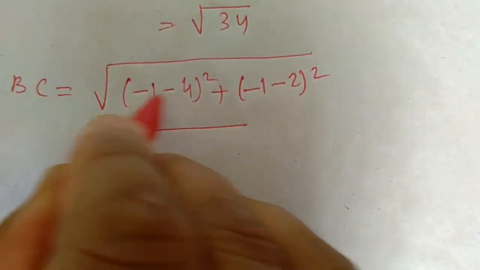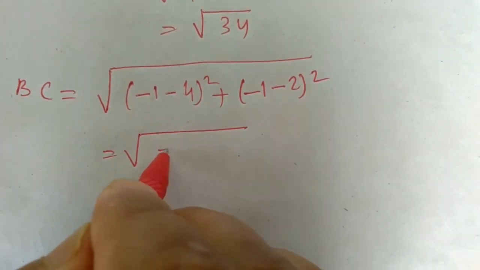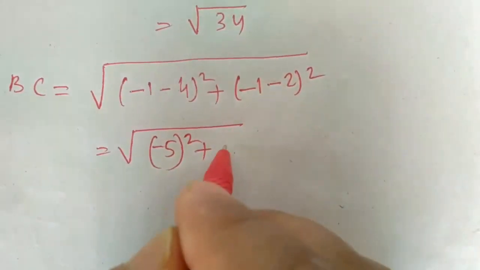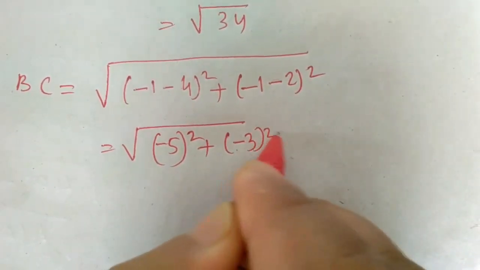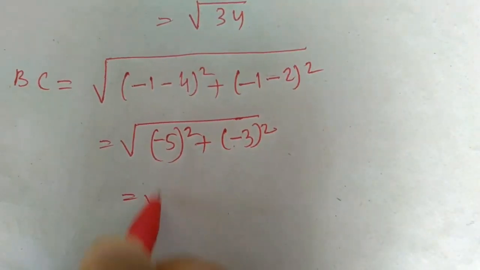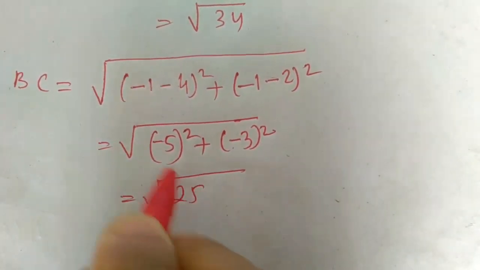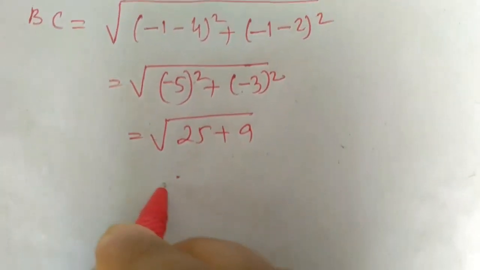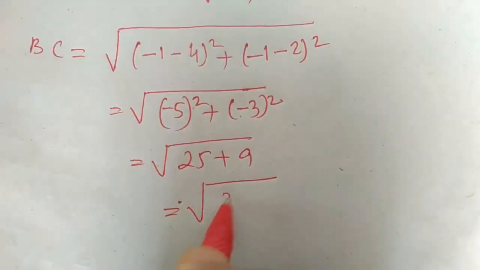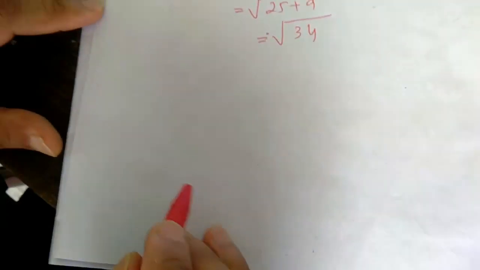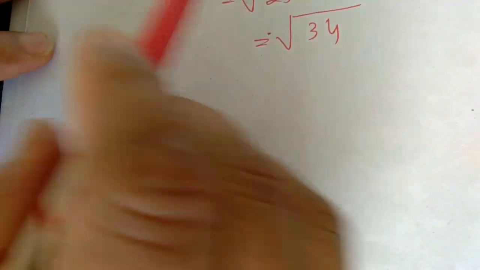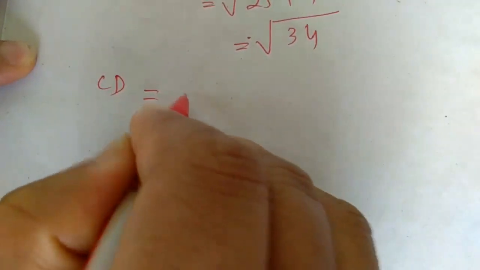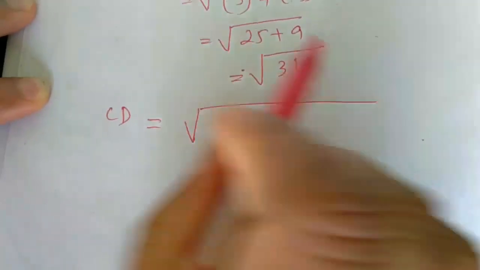Both are negative, so you get minus 5 square and minus 3 square. 5 5 is 25, power even so plus, 3 3 is 9, so it is equal to 34.